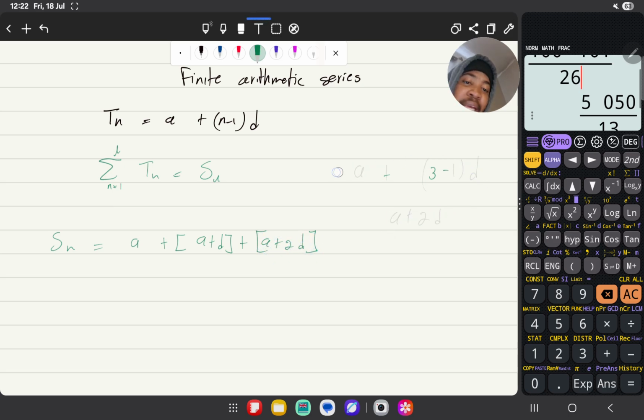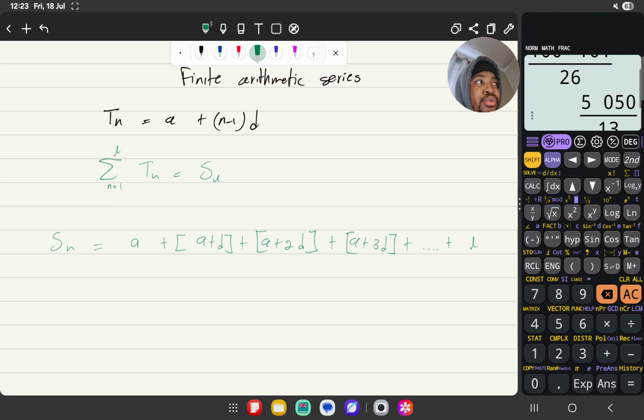I'll just add the fourth term, but I don't have to. The fourth term, therefore, you come here where it's n, you substitute 4, and therefore you're going to have 3. So that will be the fourth term: A plus 3D. And then plus, continue, and then the last term, which I'm just going to say L, whatever it will be.